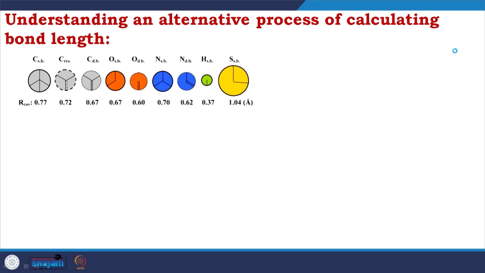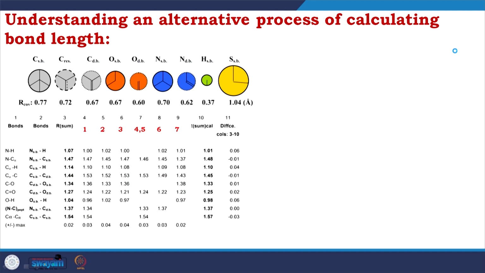What is the advantage? You could calculate the bonds like NH, NC alpha, C alpha hydrogen, C alpha carbon, carbon oxygen single bond, carbon oxygen double bond, oxygen hydrogen, NC in the peptide bond, CONH, C alpha CR side chain.